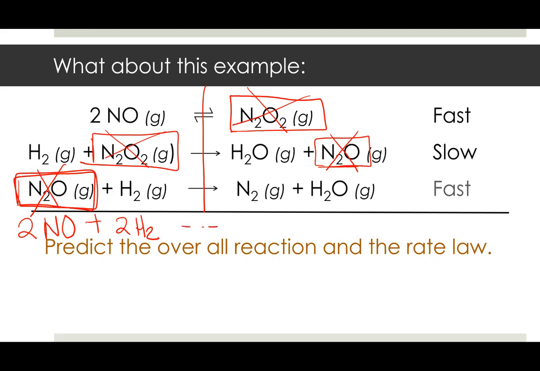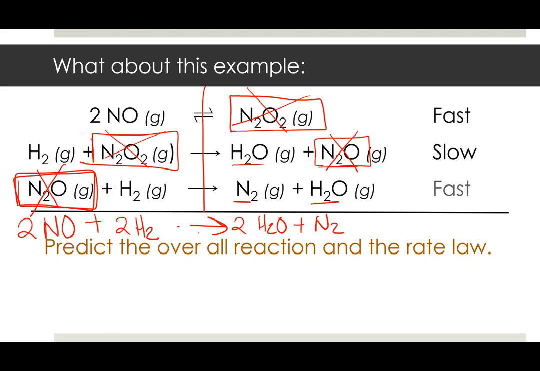On the product side, I've got water from here plus H2O, and again, I can clean this up. I've got 2 molecules of water there. So I can do 2 molecules of water plus nitrogen. So that's the overall reaction there.